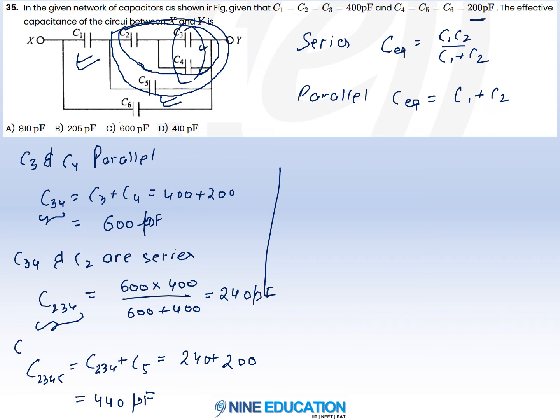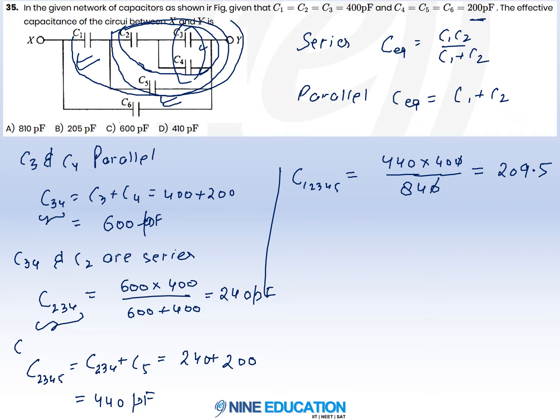So their equivalent becomes, I am writing in the sequence C1, 2, 3, 4, 5, in series combination with the above equivalent. So 440 multiply C1 is 400 upon their sum, which is 840. So this will cancel out, and from here you will get the value roughly equal to 209.5.